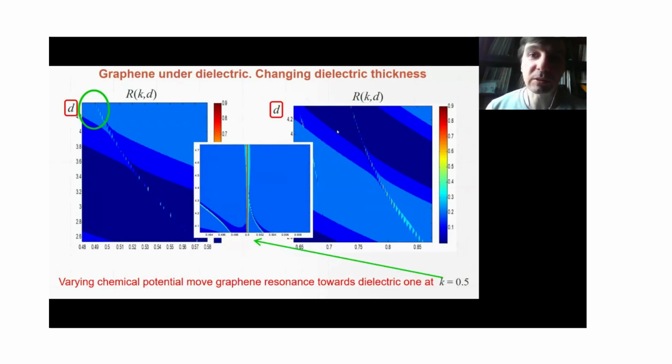First, we start with changing the dielectric thickness. These charts present the reflection coefficient dependence on frequency, the lower bar, and thickness of the dielectric, the left scale. So we see that with growing thickness of the dielectric, resonances move to the lower frequencies.